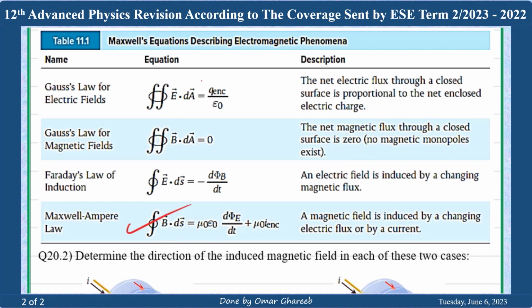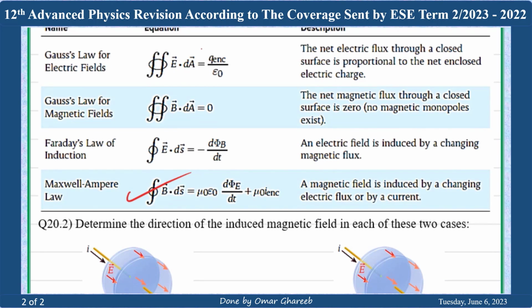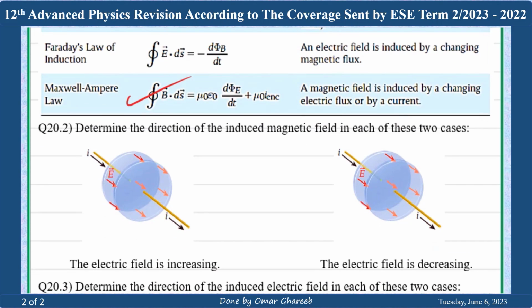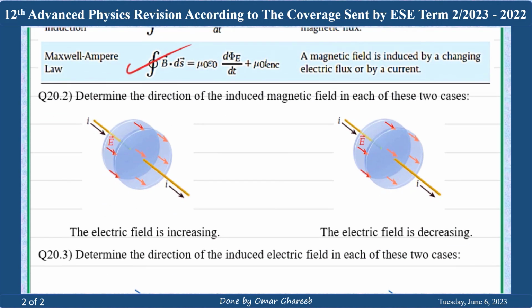Now we can also describe the direction of the induced fields. Here, 20.2, determine the direction of the induced magnetic field in each of these two cases. Here I have an electric field.